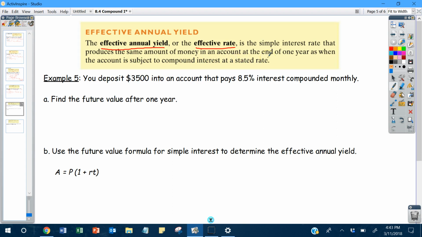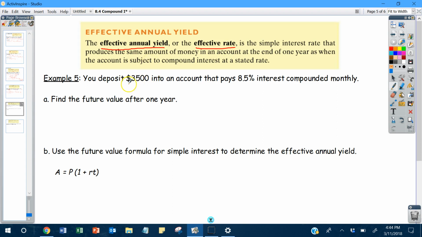In other words, if we put money into an account that's earning interest and it's compounded a certain number of times, we can find that interest. I can tell you what the amount of interest you earn using this formula. It's just how much the money grew by. The effective rate is basically what kind of simple interest rate would we have needed in order to get that same amount of actual interest. So that might make more sense when we do this example.